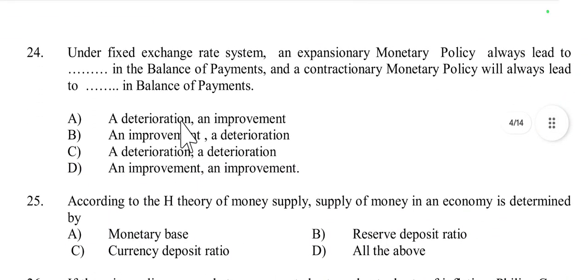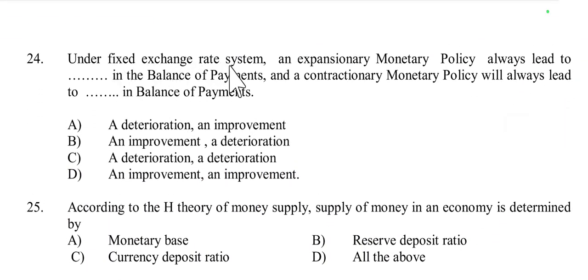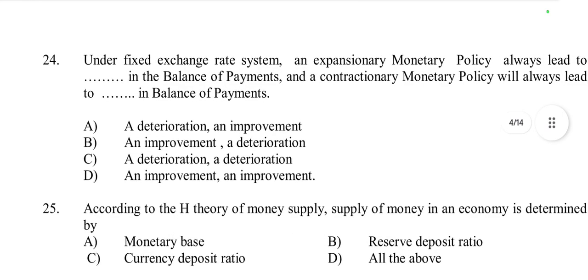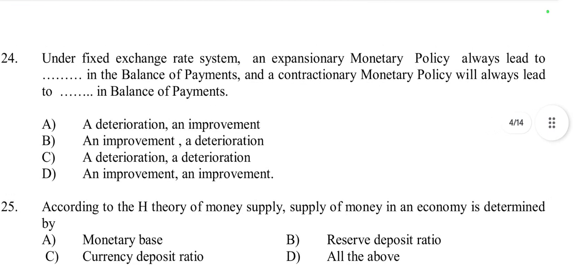Then question number 24. Under fixed exchange rate system, an expansionary monetary policy always leads to dash in the balance of payment, and a contractionary monetary policy will always lead to dash in the balance of payment. When expansionary monetary policy, it leads to deterioration in the balance of payment, and when contractionary monetary policy, it always leads to an improvement in the balance of payment.